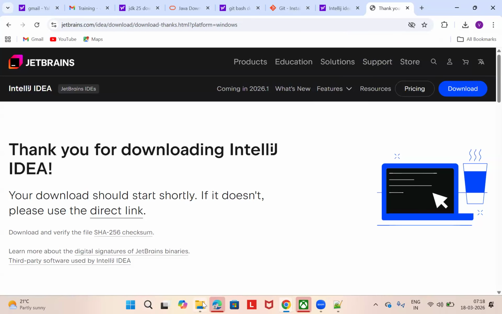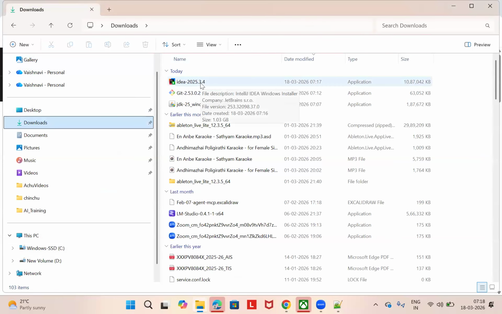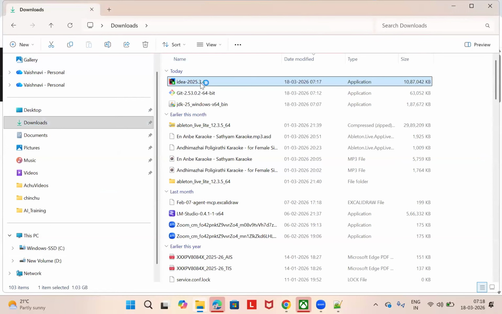From here, it's not working. Double click. Now it is opening. Many pop-ups coming up.